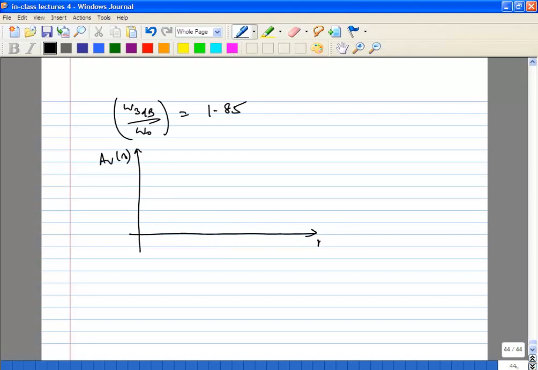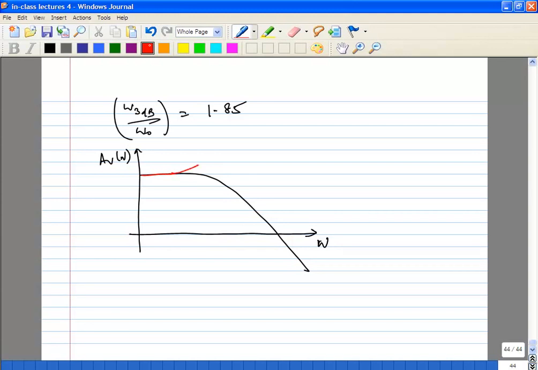AV of omega as a function of omega. Okay, what does your initial gain look like? It looks like this. Now if you plot the new one, it starts off here at the same DC gain, we know that.